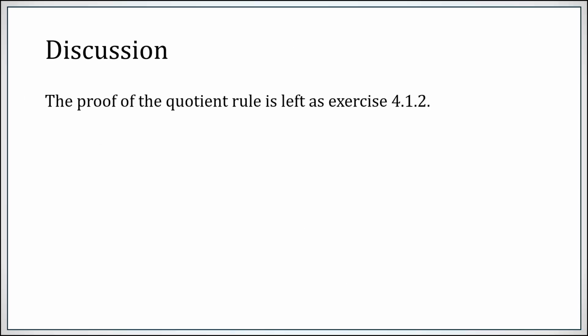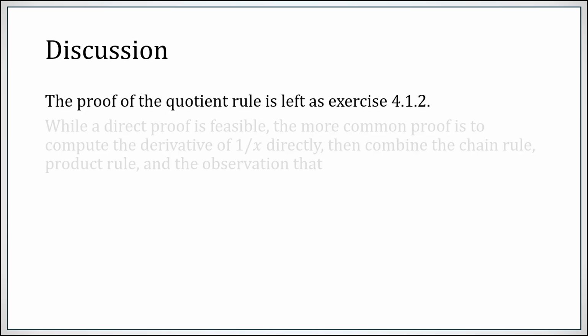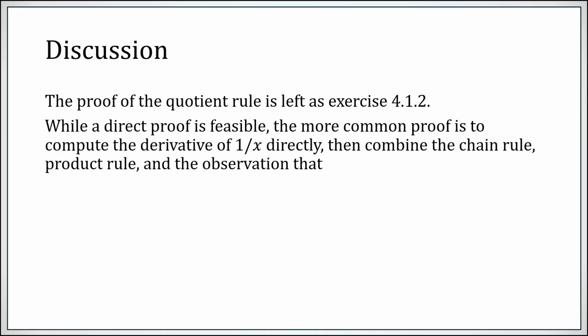So the proof of the quotient rule, much like the product rule, is left as an exercise. A direct proof is formally doable, but honestly, no one proves it directly through the difference quotient of that quotient of functions. The more common proof is to separately compute the derivative of the function f of x equals 1 over x. You can do that directly.